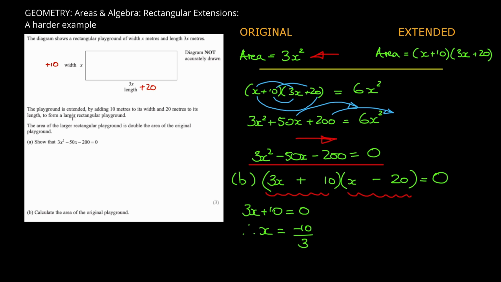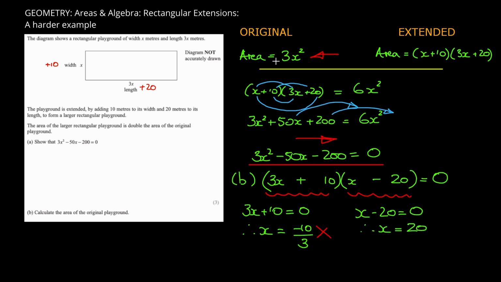Now, x cannot be negative, so we can reject this solution. It's an academic solution, but it's not a practical solution. Okay, let's try this one. We've got x minus 20 must equal 0. This happily produces a positive answer of x is equal to 20.